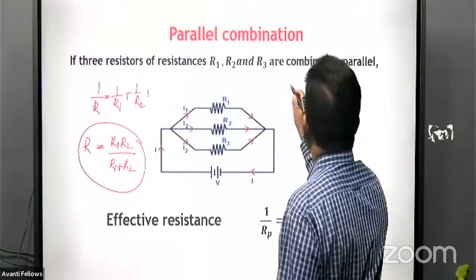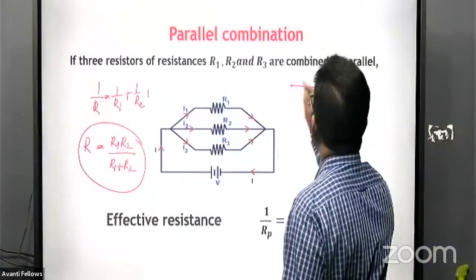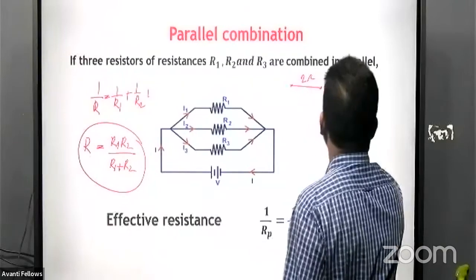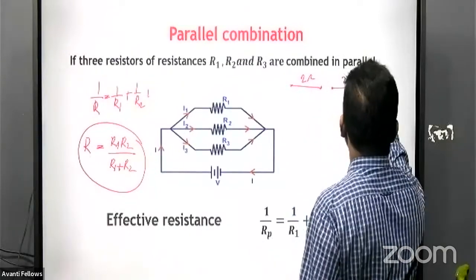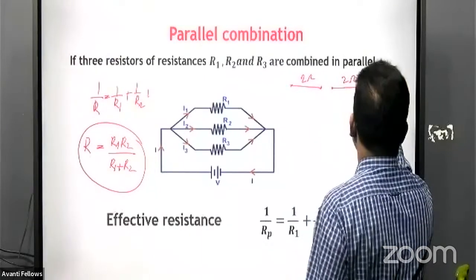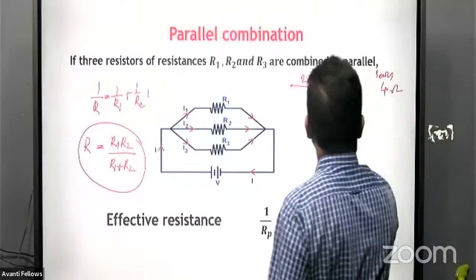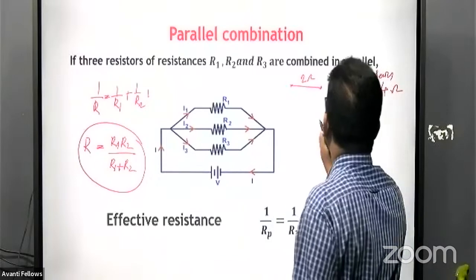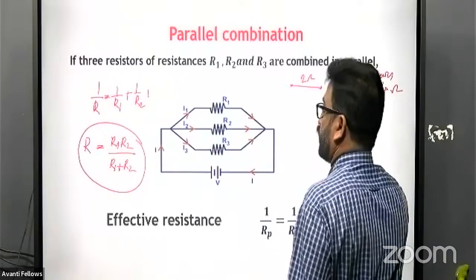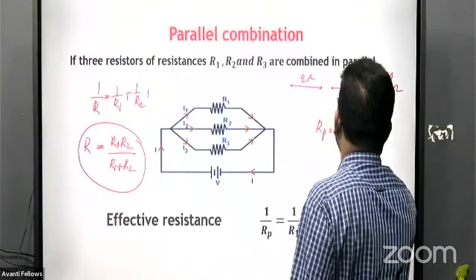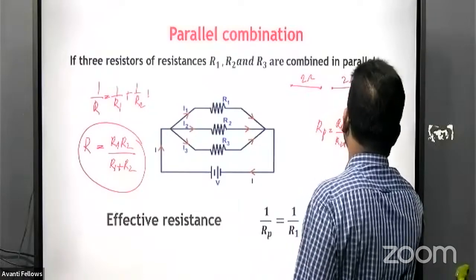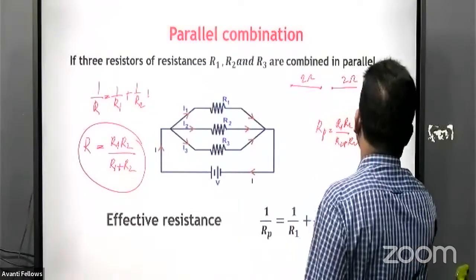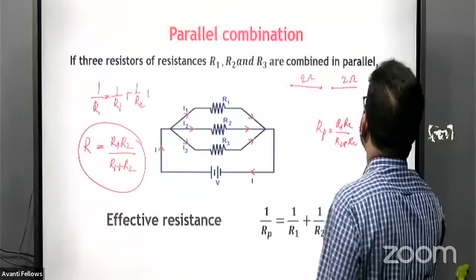Now let's try: first one 2 ohm, second one 2 ohm. If connected in series, it will be 4 ohm. And if 2 ohm and 2 ohm are connected in parallel, then R parallel will be equal to R1 R2 by R1 plus R2, that is 2 into 2 by 4.